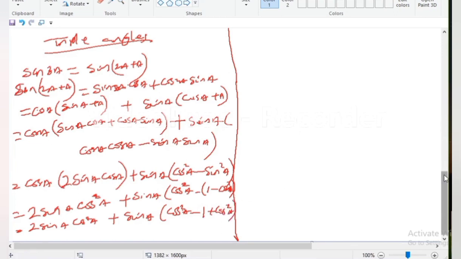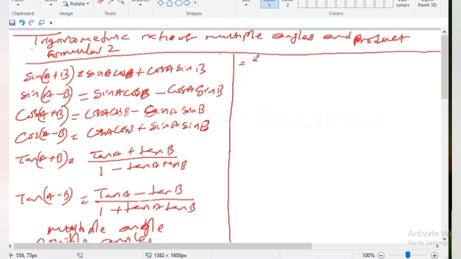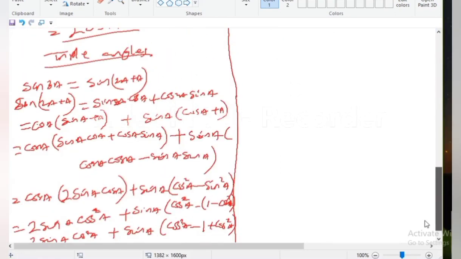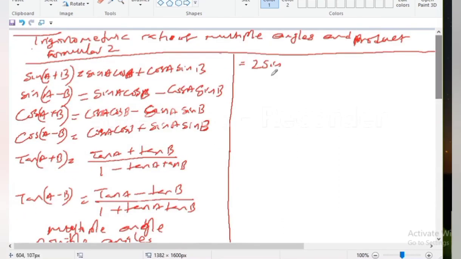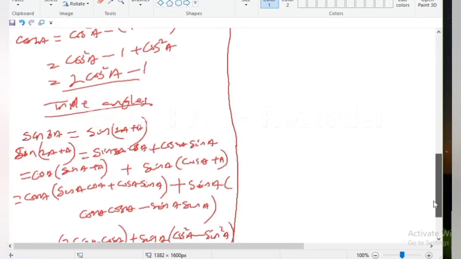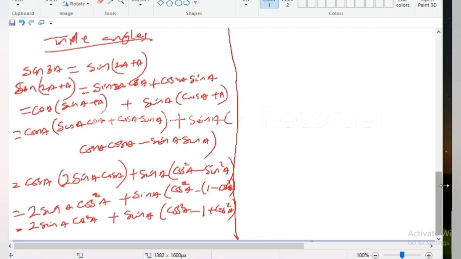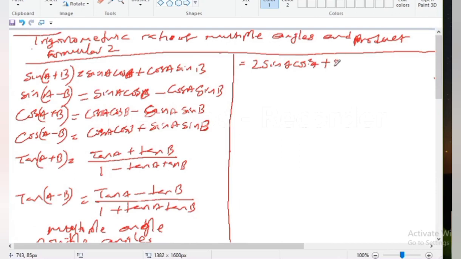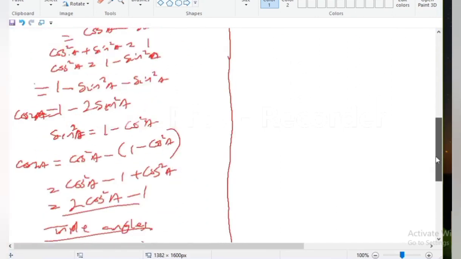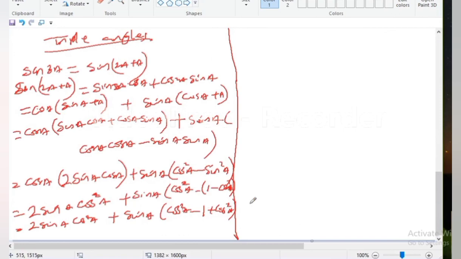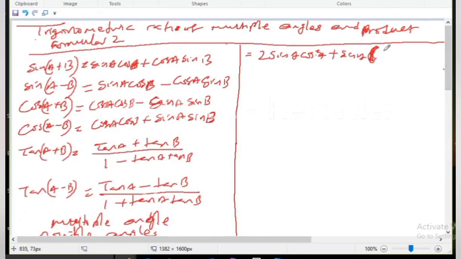So here you have 2 sine A cos squared A plus, here you have sine A into bracket, here you have cos squared plus cos squared, that's 2 cos squared A minus 1.